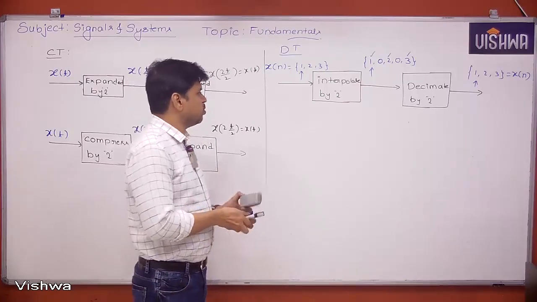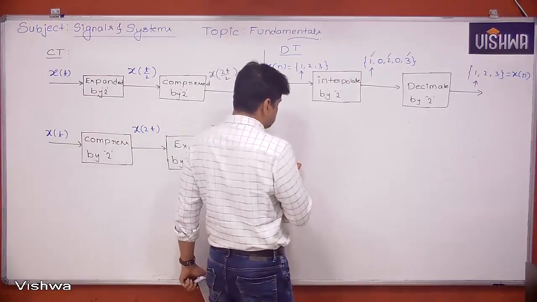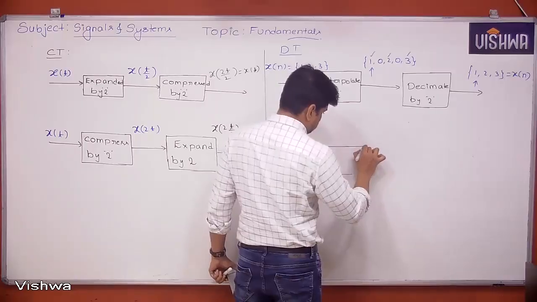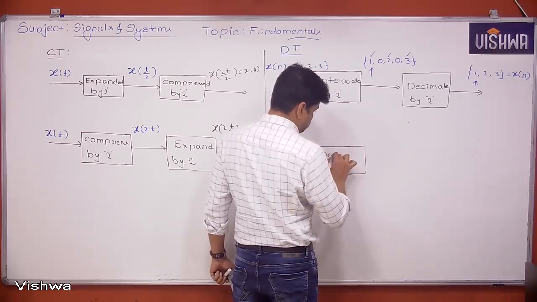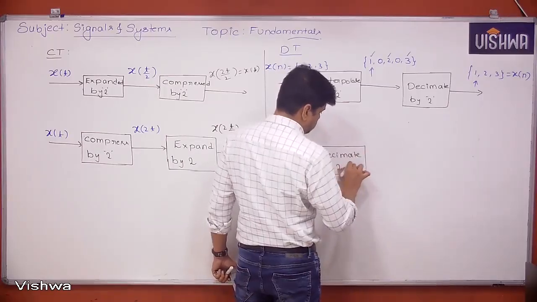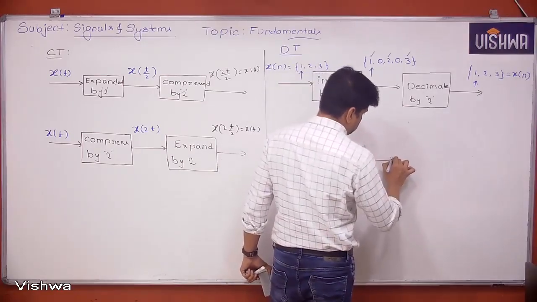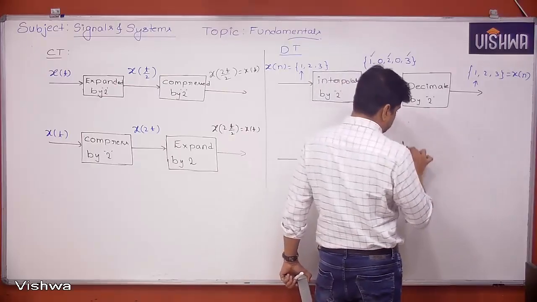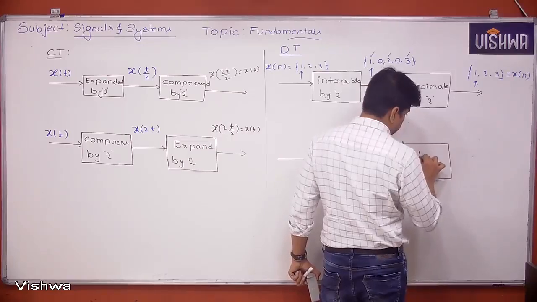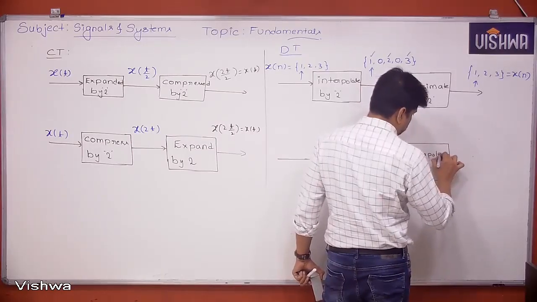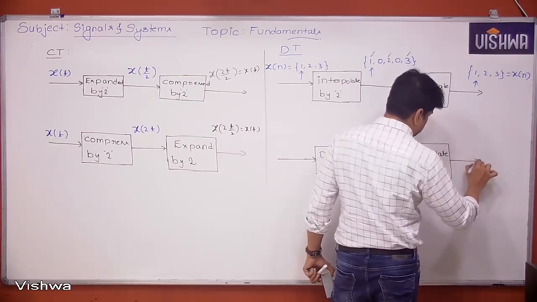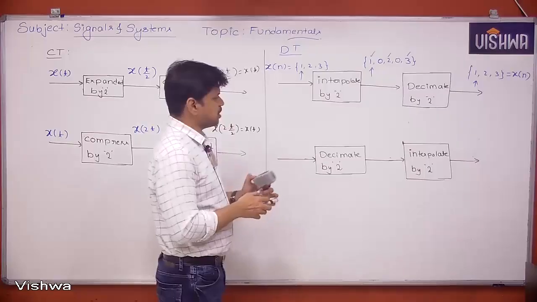But what if I take first decimation, next interpolate? Let's take the same example.